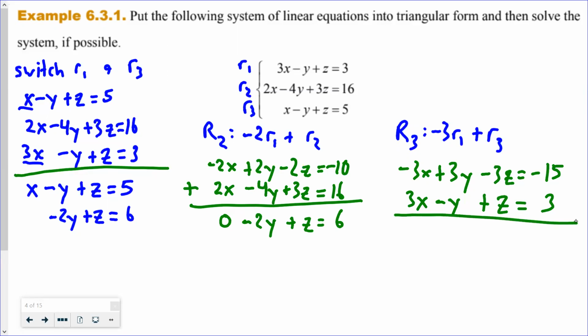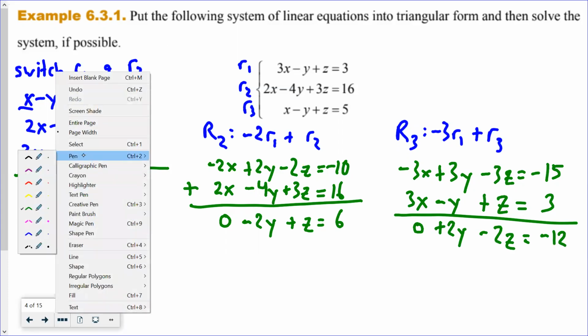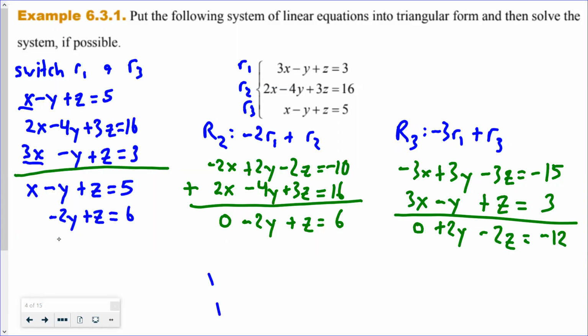Now I'm going to add those together, and that's going to give me 0. 3y minus y is 2y. Negative 3z plus z is negative 2z. And negative 15 plus 3 is negative 12. So now if I write that as my new row 3, I have 2y minus 2z is equal to negative 12.